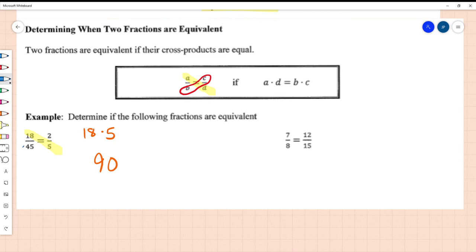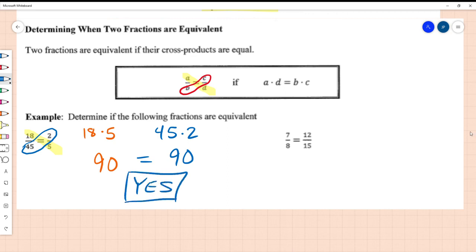And then let me do here in blue, if we multiply 45 times 2, you also end up getting 90. So because these two products are equal, 90 equals 90, then you can say, yes, these two fractions are equivalent. 18 over 45 is the same as 2 over 5.